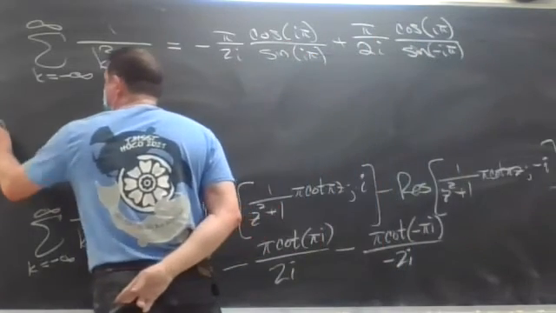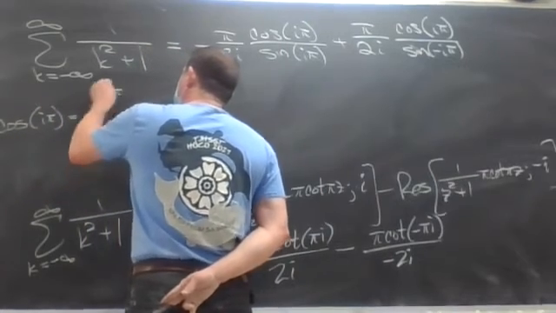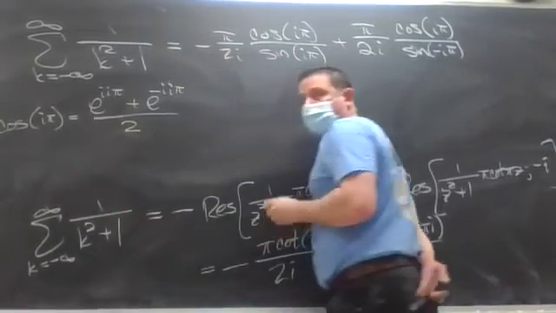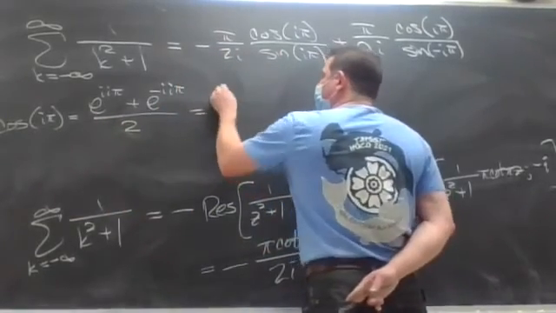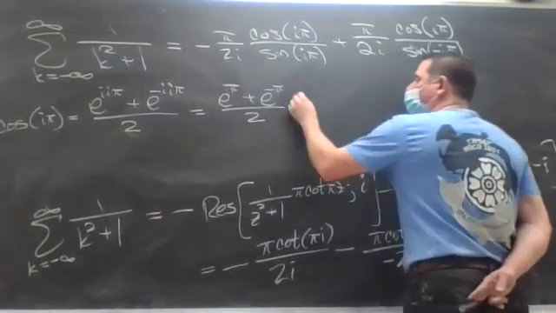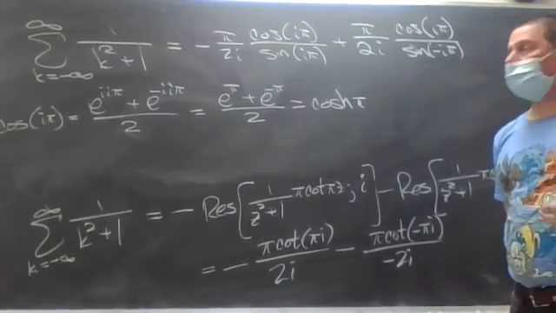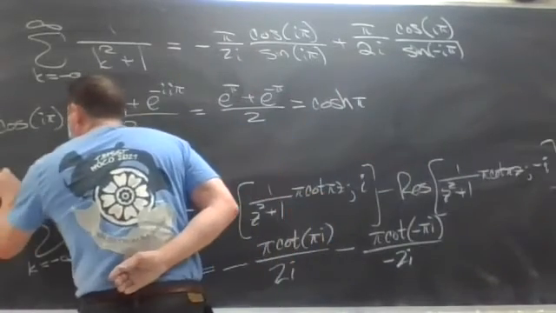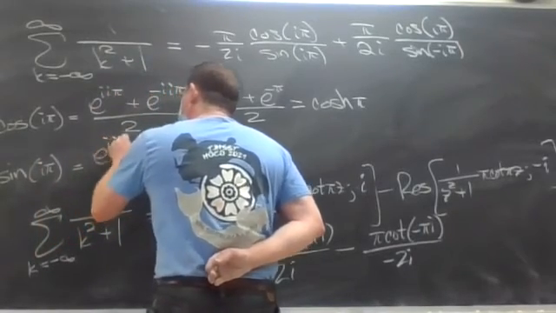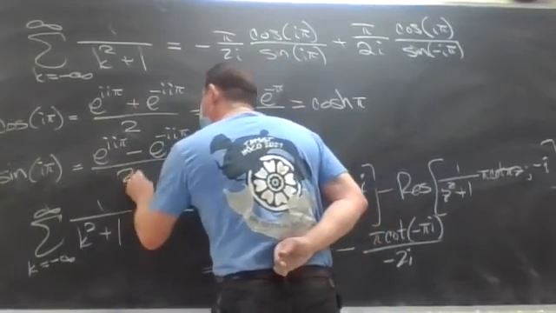What is the cosine of i pi? That's e to the i pi plus e to the minus i pi divided by 2. That's equal to e to the pi plus e to the minus pi over 2, or cosh pi. Okay? The sine of i pi is e to the i pi minus e to the minus i pi divided by 2i.